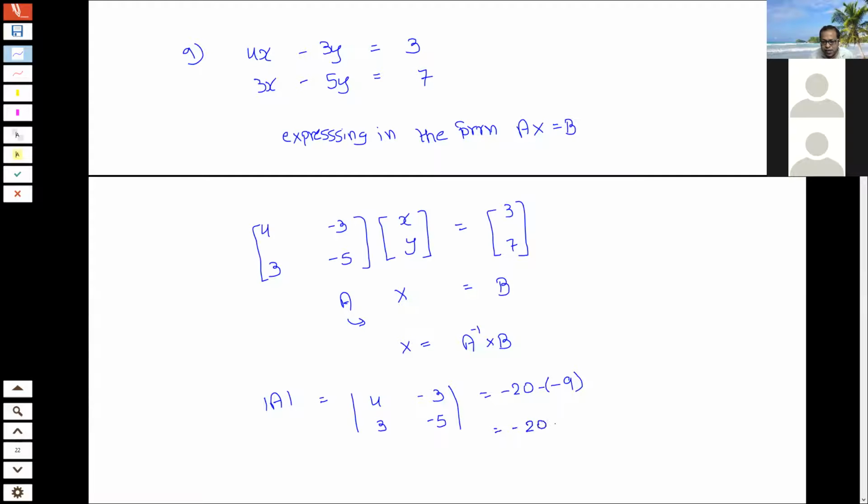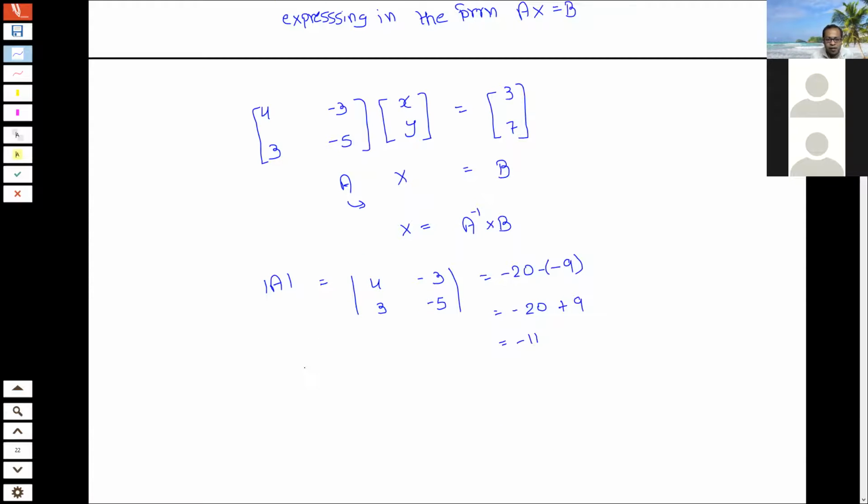So basically it is minus 20 plus 9, which is minus 11. Then I will find the minor matrix. So in place of 4 it is -5, in place of -5 it is 4, in place of 3 it is -3, in place of -3 it is 3. So I got the minor.